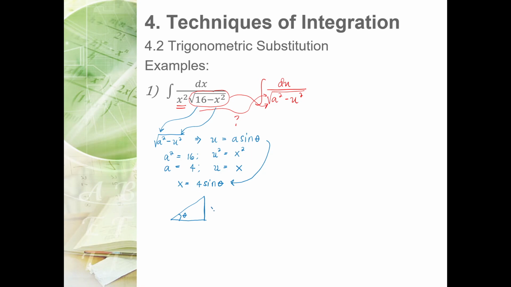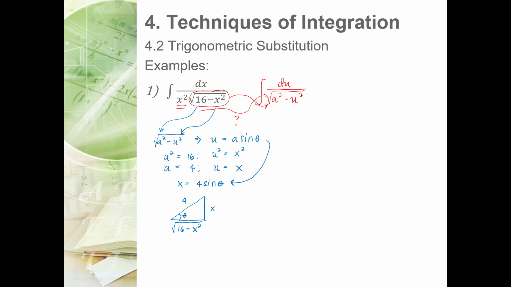So x will be the opposite side, and 4 will be the hypotenuse. Then as per the Pythagorean theorem, the third side will become the square root of 4 squared minus x squared, right? That will be the square root of 16 minus x squared.